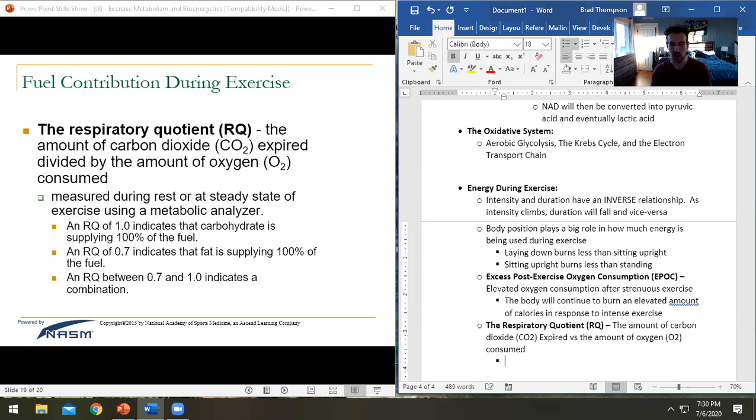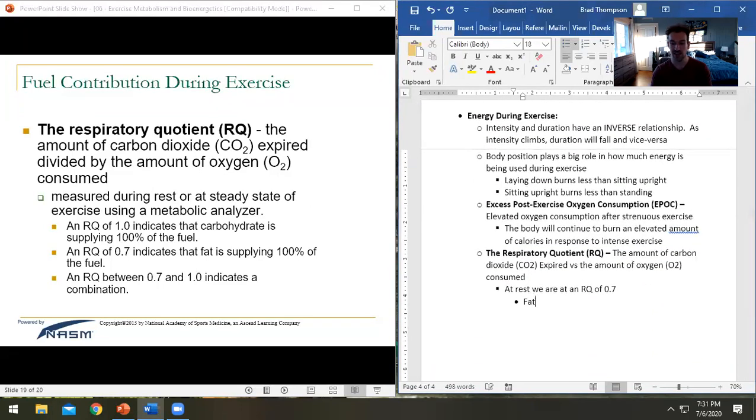So at rest, we are at an RQ of 0.7, so fat is the primary fuel source. At a full sprint, we are at an RQ of 1.0.